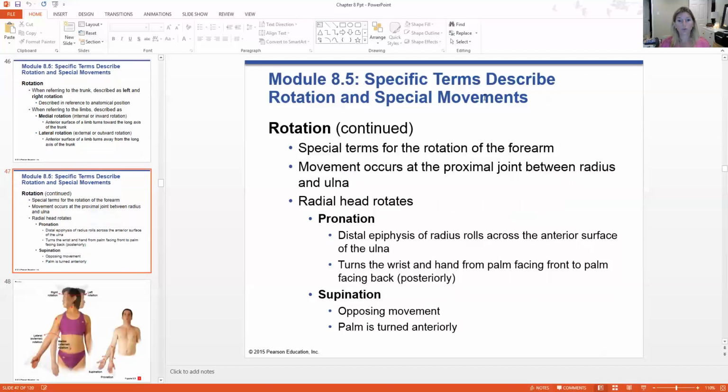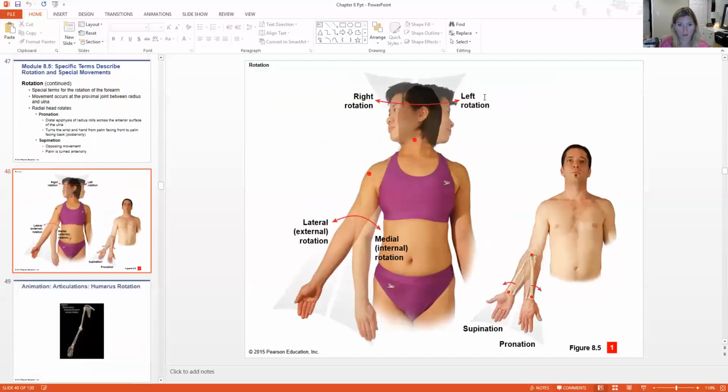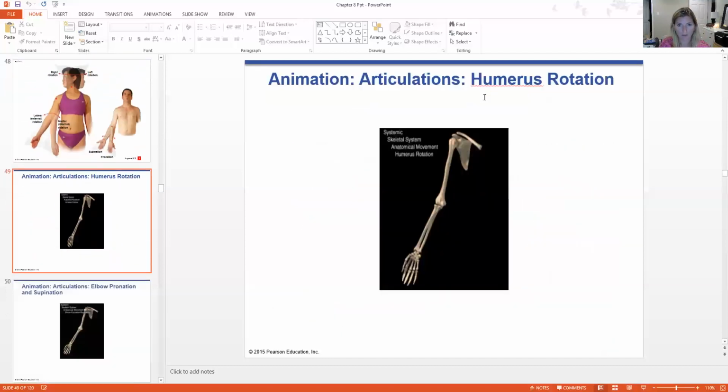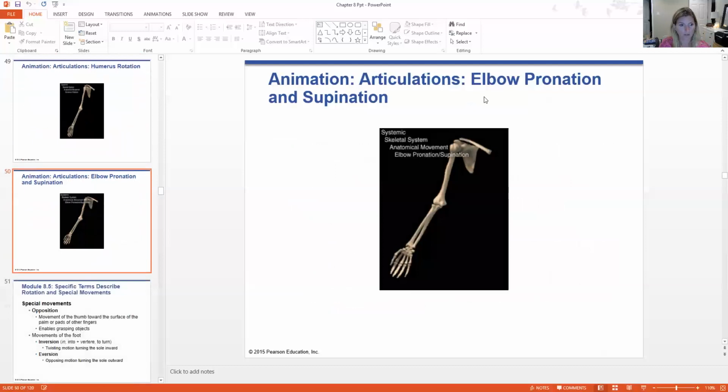You can also do pronation and supination. Those are special forms of rotation that are only dealing with the, well, kind of weird, only dealing with the radius and ulna when your radial head pronates or supinates. Supinate is palm up, pronate is palm down. There we go. Video that's not linked, another video that's not linked.